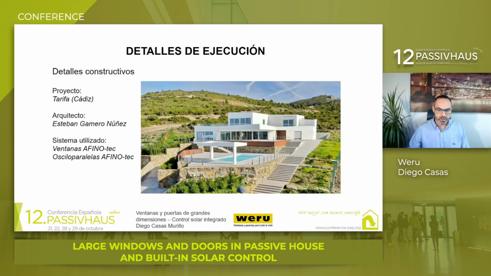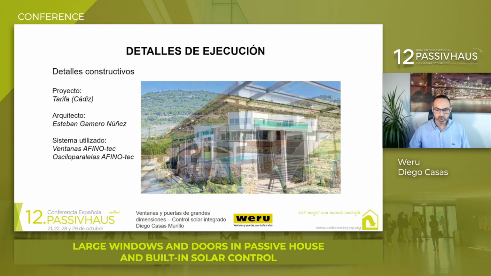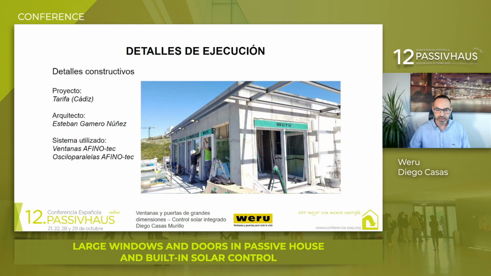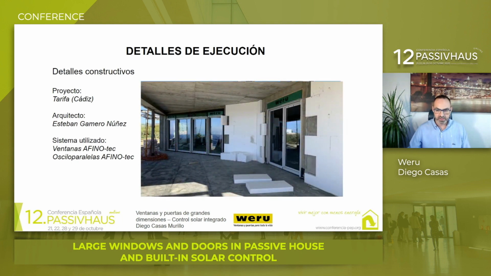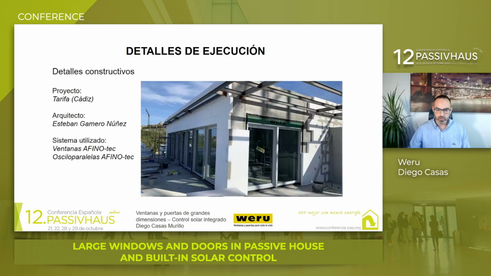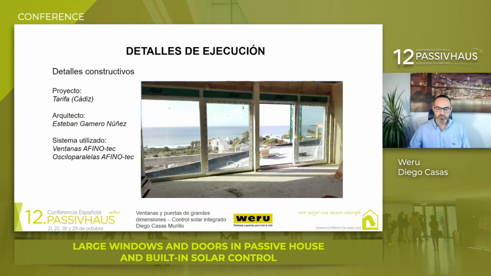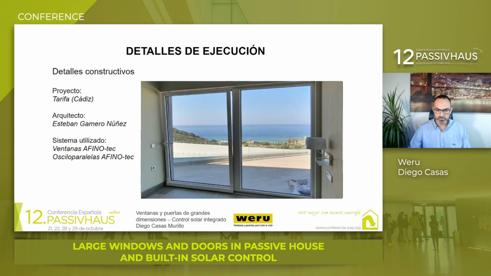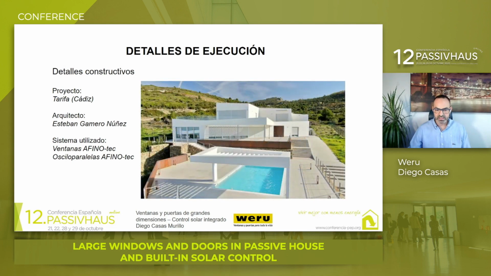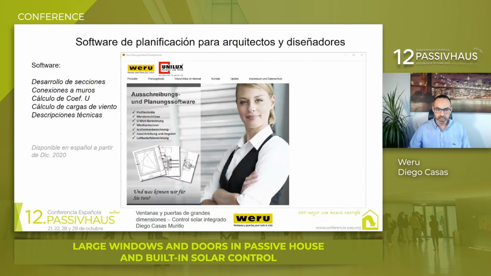In the first example, in Tarifa, by the architect Esteban Gamero, we can see details of the execution of the work. The different elements: the blind casing or drawer, wooden framework or frame to avoid thermal bridges, airtightness control on the exterior and interior, and also the final result of the project, where the priority was controlling solar radiation.